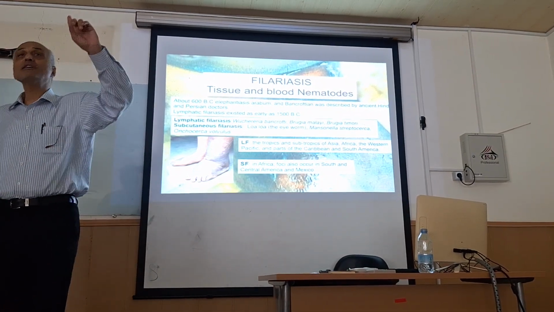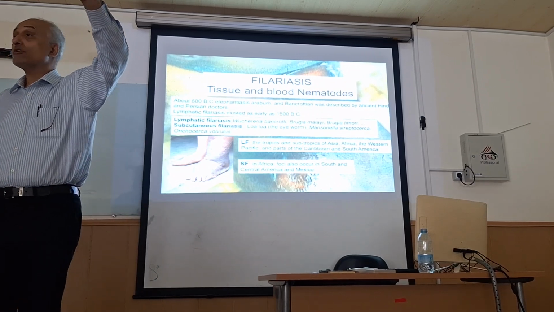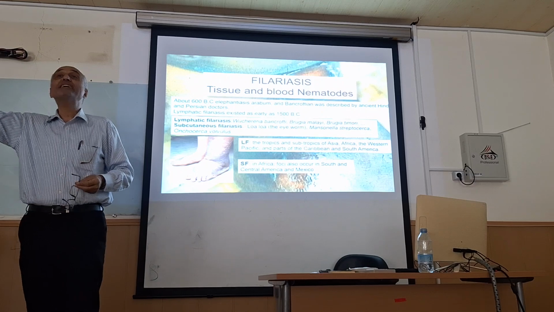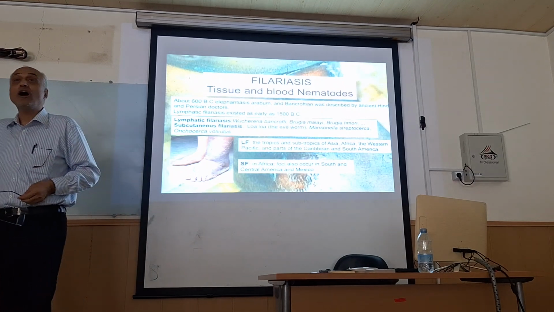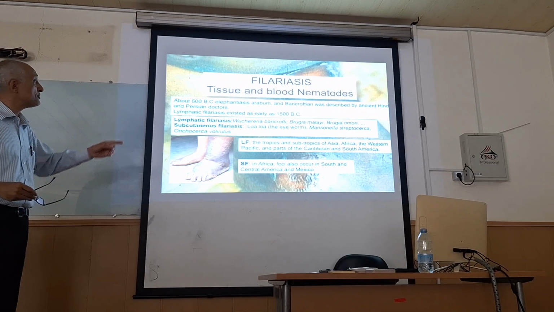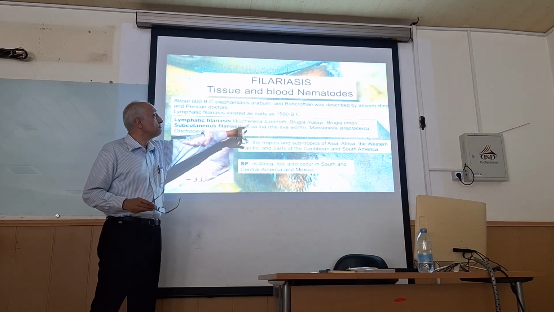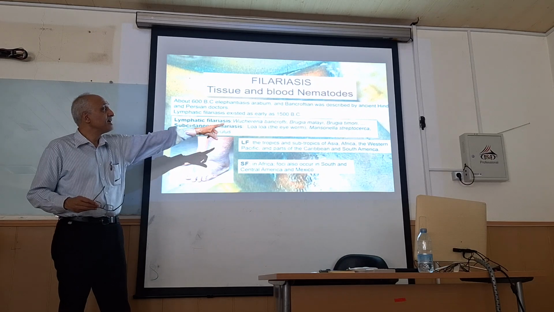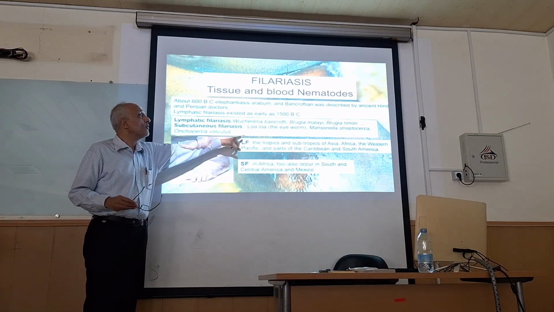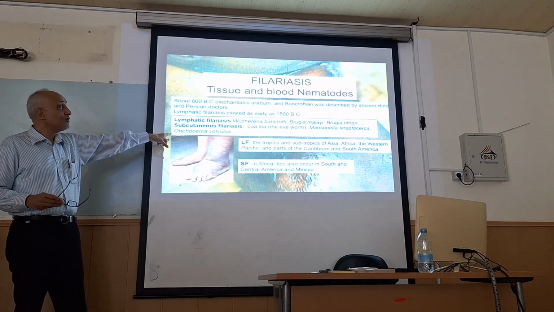The other one is the causative agent for river blindness, onchocerciasis, and the other one is the African eyeworm, Loa. This is very important to take into account. Lymphatic filariasis contains Wuchereria bancrofti, Brugia malayi, Brugia timori. Subcutaneous filariasis: Loa loa, Mansonella streptocerca, and Onchocerca volvulus.